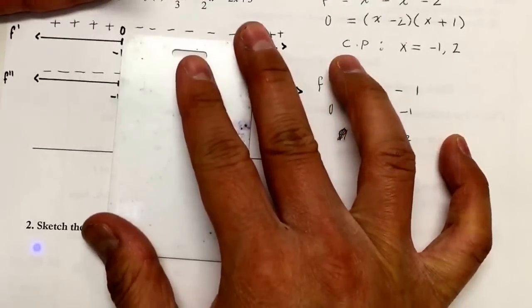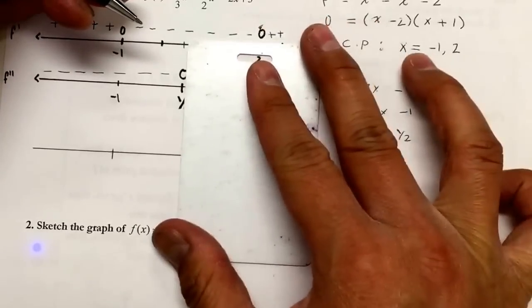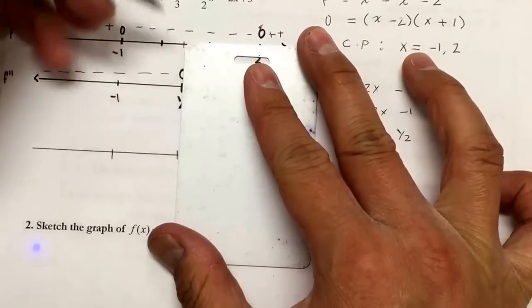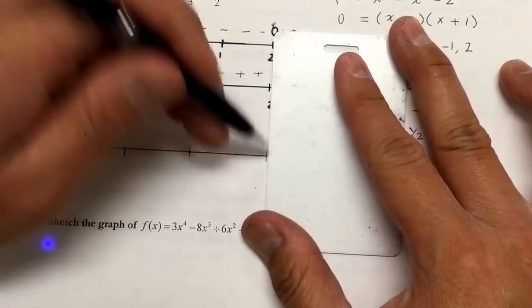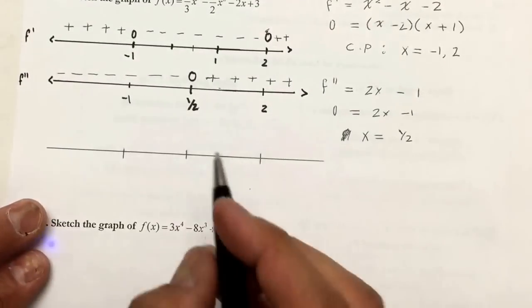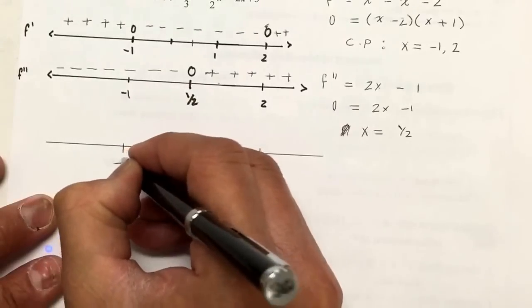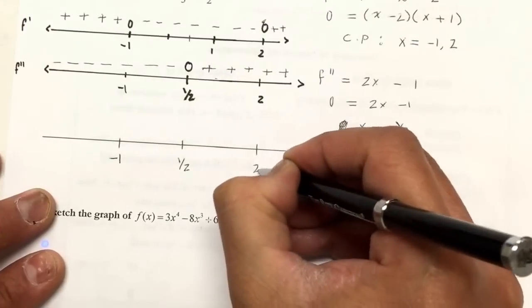So it's -1, and then you have another number there, and then another number here. Remember that here's -1, here is 1/2, here's 2.